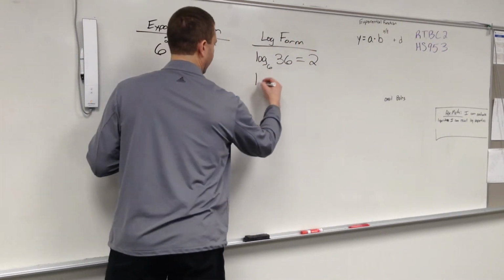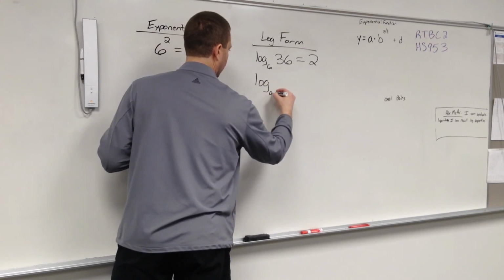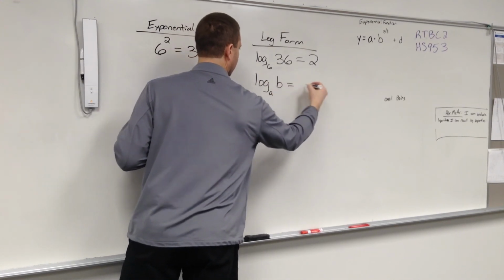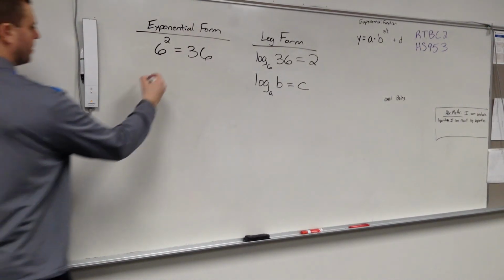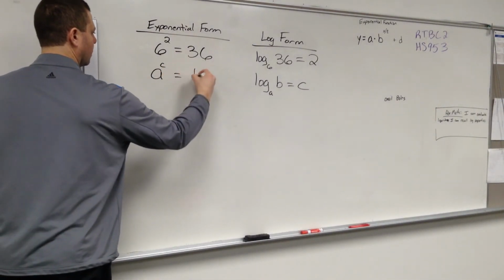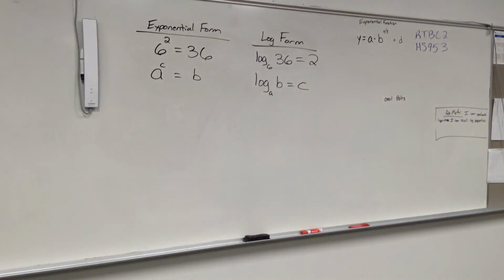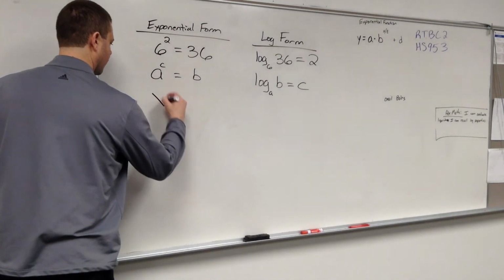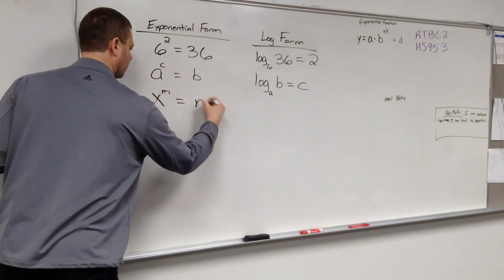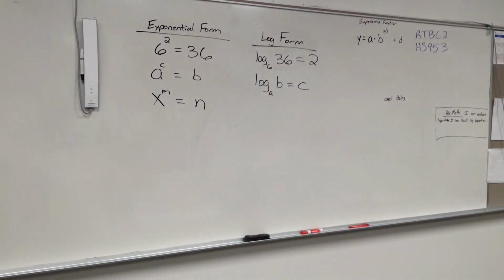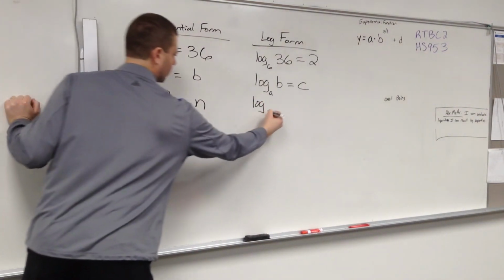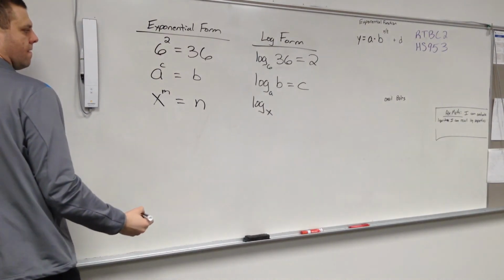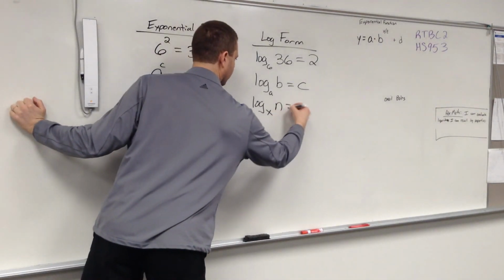So then, what if I had this? Log to the base A of B equals C. Good. A to the C equals B. What if I had x to the m equals n? Log to the base x of n equals m.